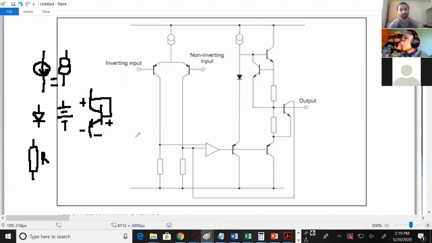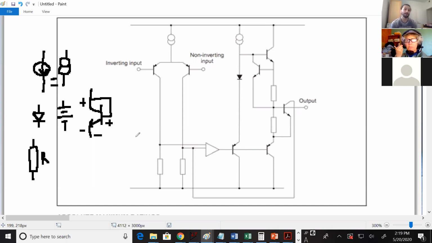But sometimes in circuit diagrams, you'll see that drawn as a diode, sometimes as a battery, sometimes as a voltage source, but all those mean the same thing. It's probably a diode connected transistor. And that's one reason I like this diagram. They've cleaned it up so you don't have to worry about too many of the details and you can still see how the amplifier works.